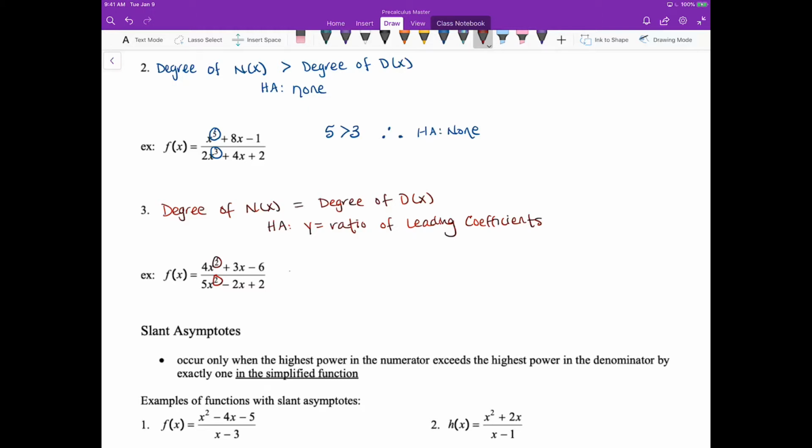So 2 equals 2, which means we would take the ratio of the leading coefficients, and that's where the horizontal asymptote is. So the horizontal asymptote is at y equals 4/5.